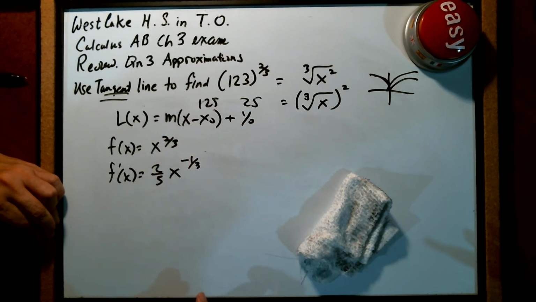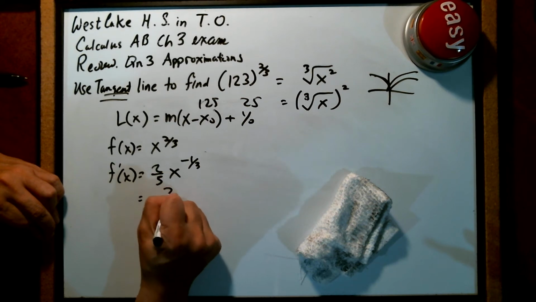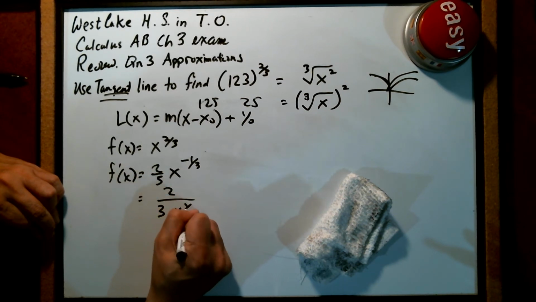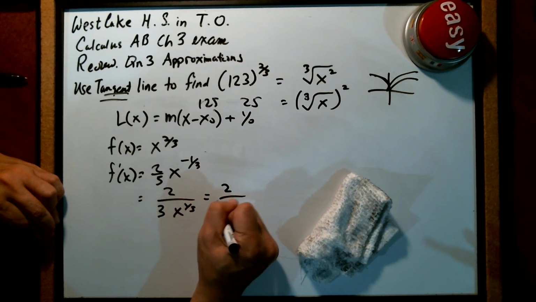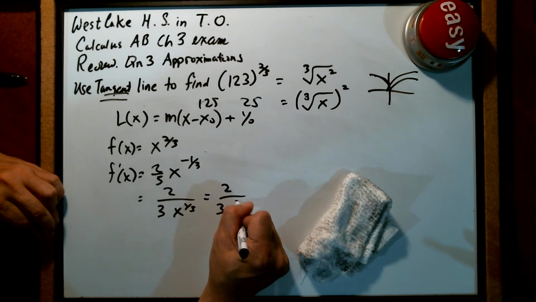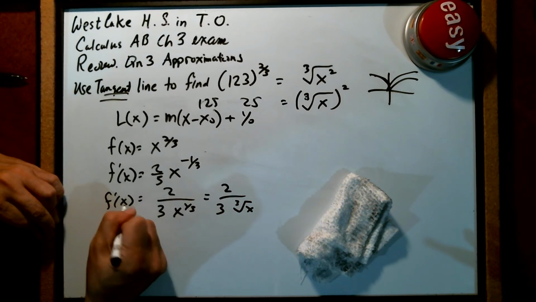We don't like that negative. To get rid of it, we bring it to the denominator: 2 over 3 times x to the 1/3, which in radical form is the cube root of x. There's your f prime of x, your derivative.